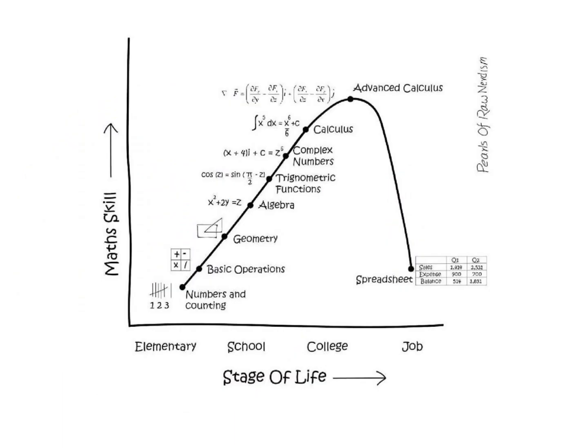So for you math students, this is how your life will go. You have the elementary math, you have the middle school math, you have college math, and then when you get a real job, you see what you will do. Only spreadsheets.